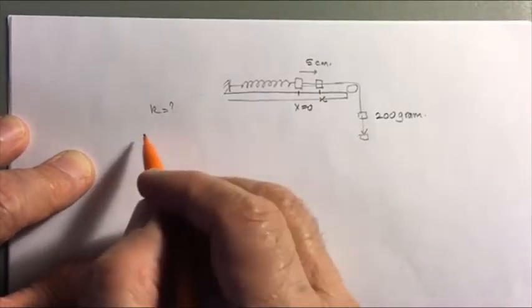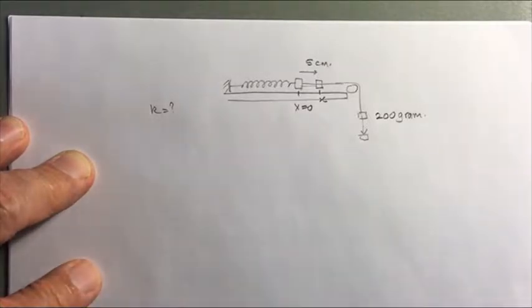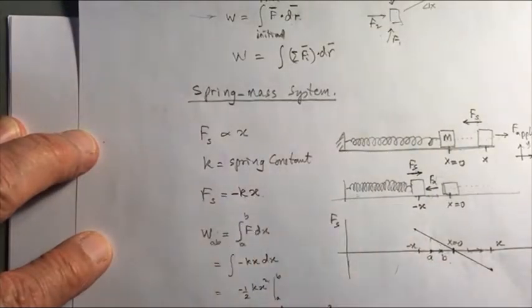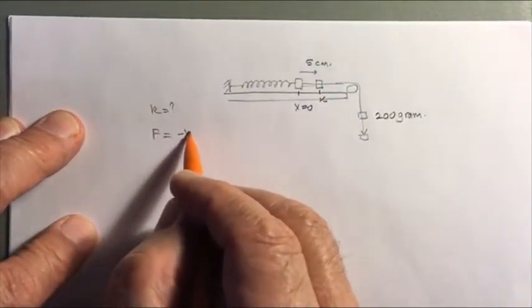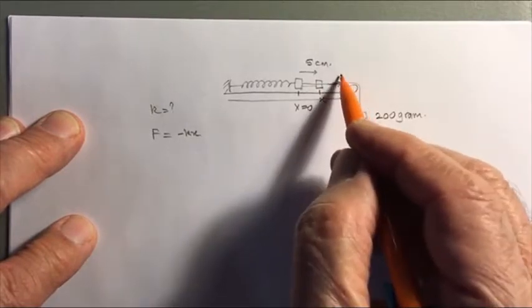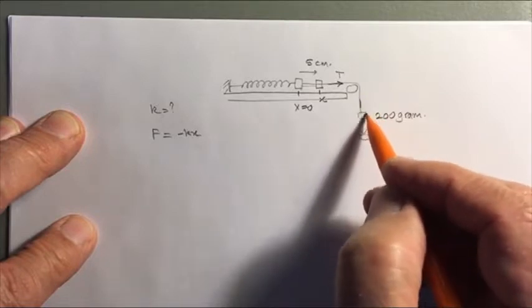So we see from our earlier equation, F equals minus kx, and F here is the force pulling here, which is the tension, and that will be the same as the tension here.